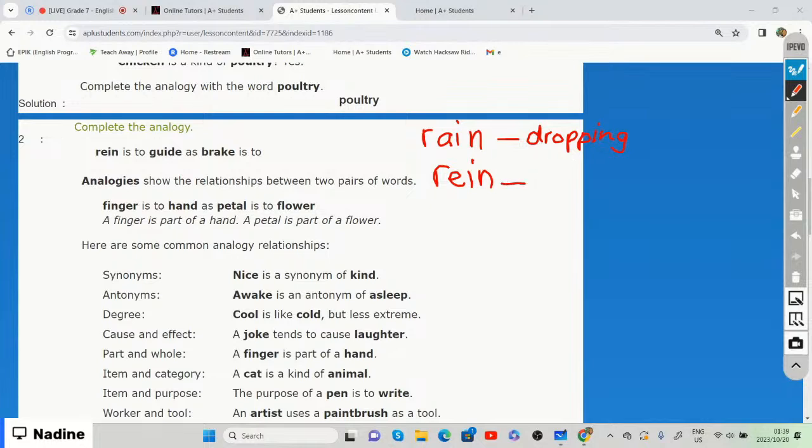And this rein is the strings on a horse to guide you, right? So it's the strings on the horse to basically guide you or guide the horse. So rein is to guide.